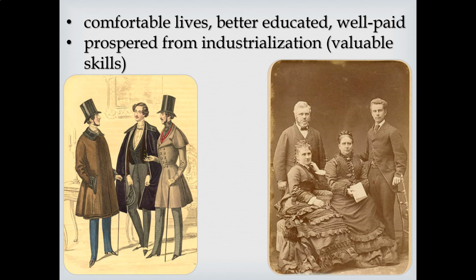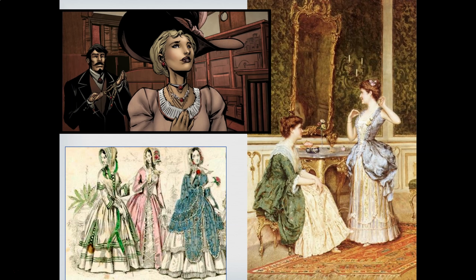So a middle class person lives a pretty comfortable life. They tend to have access to education. They tend to be paid fairly well for their skills because they bring with them skills and education that the working class doesn't. So instead of being a factory worker, perhaps they might be a manager in the factory, or maybe they're an accountant for the factory owner, or maybe they're a lawyer that represents the factory owner in court.